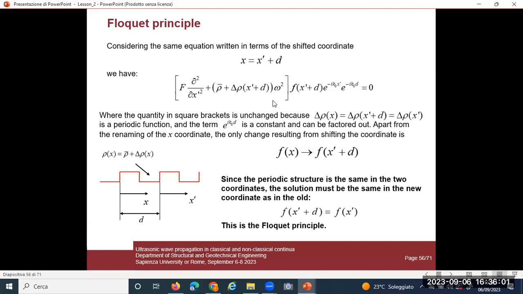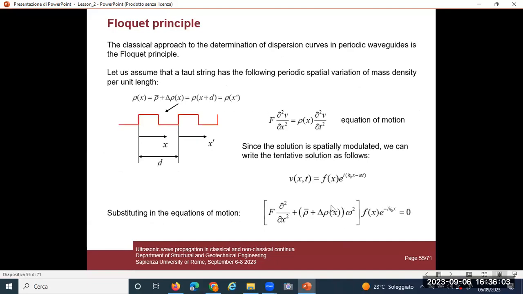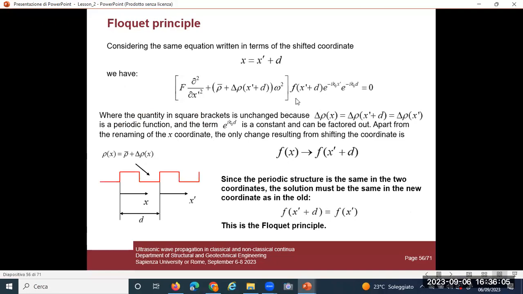So I can just pick up the previous equation and plug in x prime plus d instead of x, as you see from this structure.